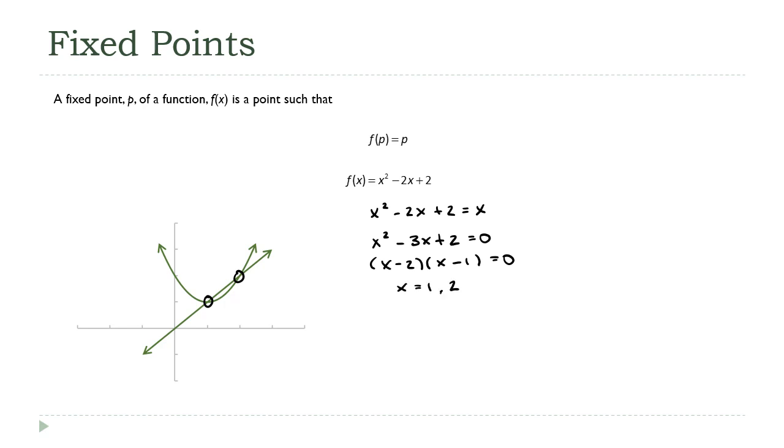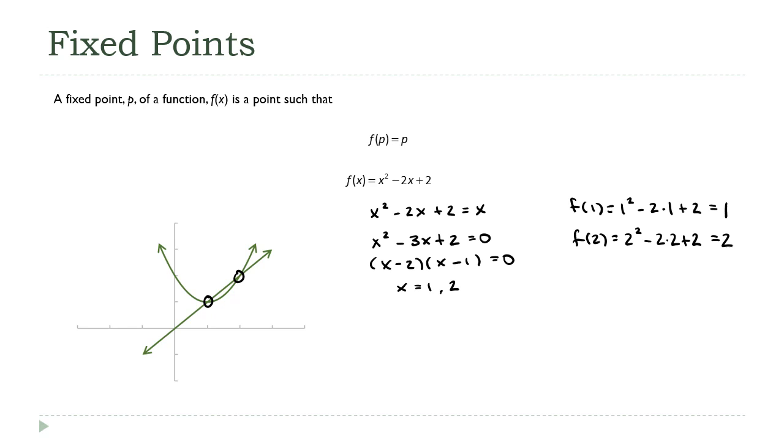Now you can confirm we've got the right values pretty easily just by going back and evaluating the original function at those values, right? F of 1 is 1 squared minus 2 times 1 plus 2, which is 1, and f of 2 is 2 squared minus 2 times 2 plus 2, which is 2.